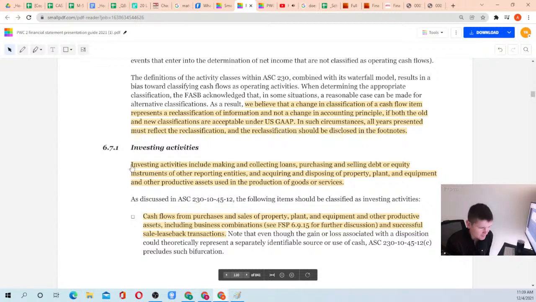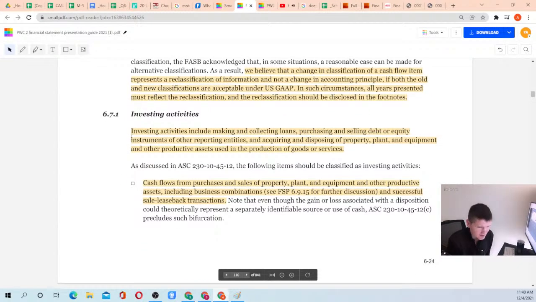Investing activities include making and collecting loans, purchasing and selling debt or equity instruments of other reporting entities, and acquiring and disposing of property, plant and equipment and other productive assets.